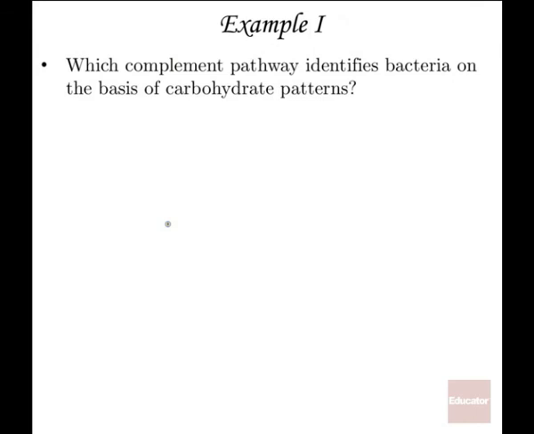So here are our questions that we always have at the end of our discussions. The first one asks, which complement pathway identifies bacteria on the basis of carbohydrate patterns? We talked about that quite a bit. The answer is the lectin pathway, which is based on activation of complement due to lectin.